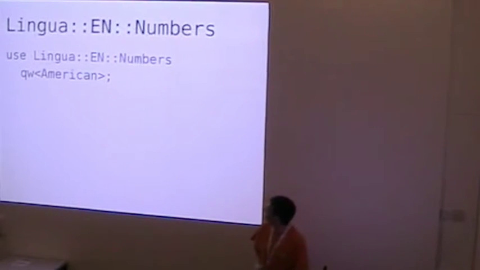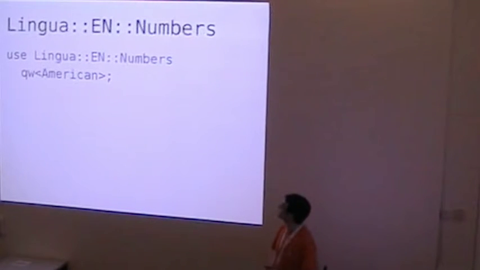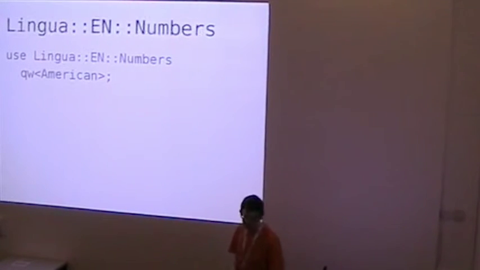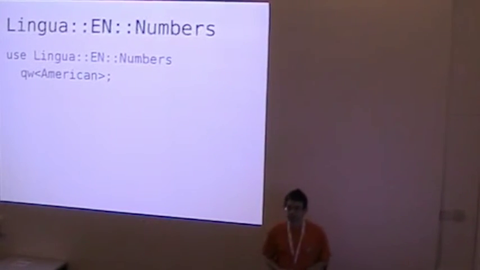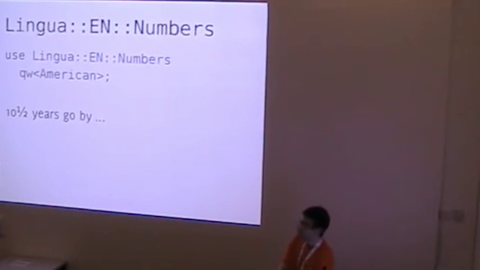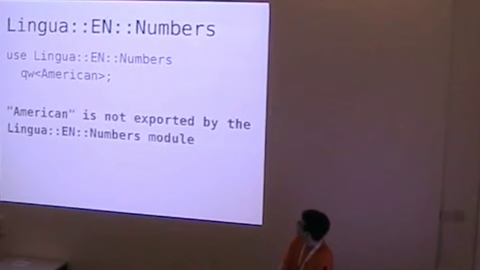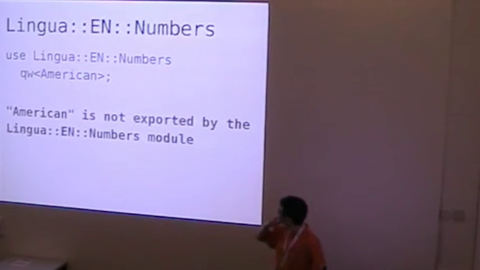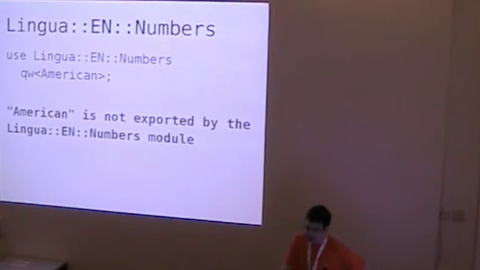Okay. You remember this? I said this was the old interface to this module. Turns out we were using it. 10.5 years went by, and, ooh, no, that happened this year, hasn't it? Yeah.